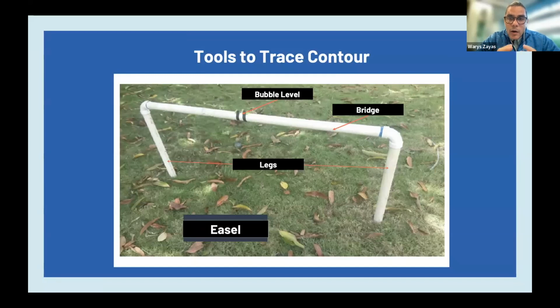What are the measures for this tool? The measurements will depend on the use that you're going to make, or the work that you're going to do with this tool, or, as I build mine, on your physical characteristics, right? How tall you are, and your capacity to work in the field, right?